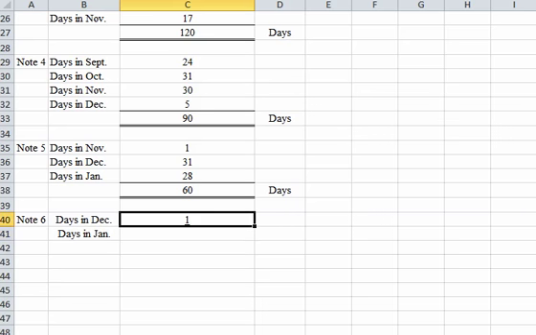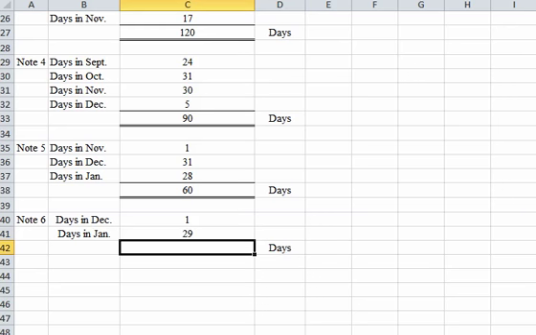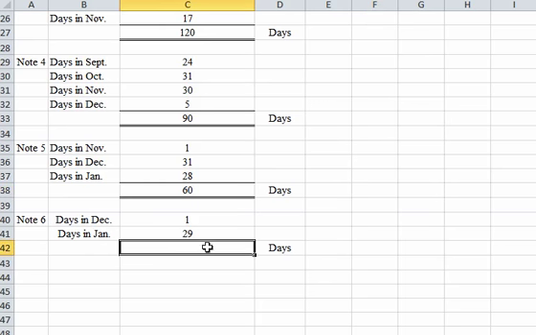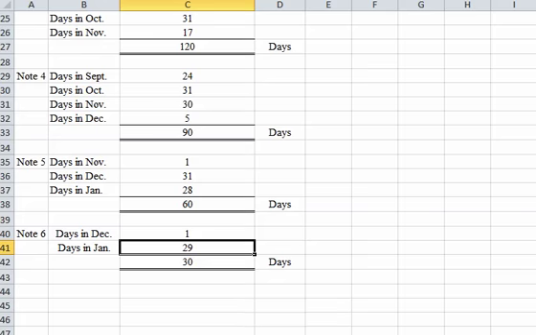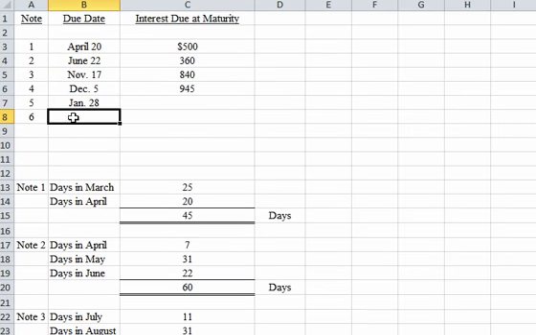Alright, if we're going for a total of 30, we've already picked up 1, then we need 29 days in January. And we can see that, but let's add them together anyway. 30 days matches our term. So the due date is January 29th. And note that one began in one year, carried over to the next. We'll need that in one of the later instructions. So January 29th is the due date on note 6.